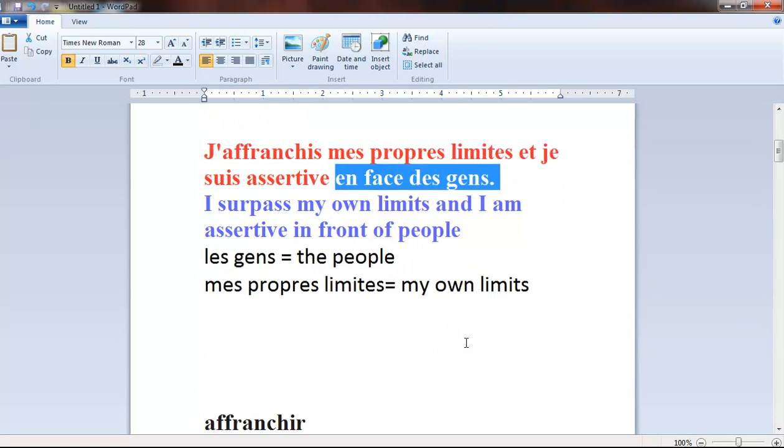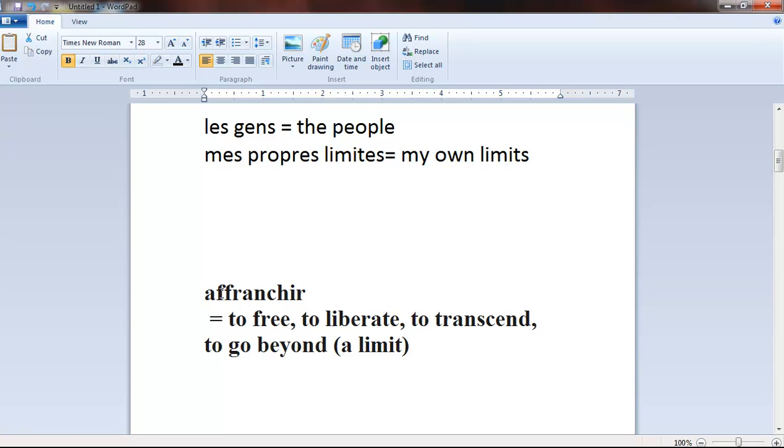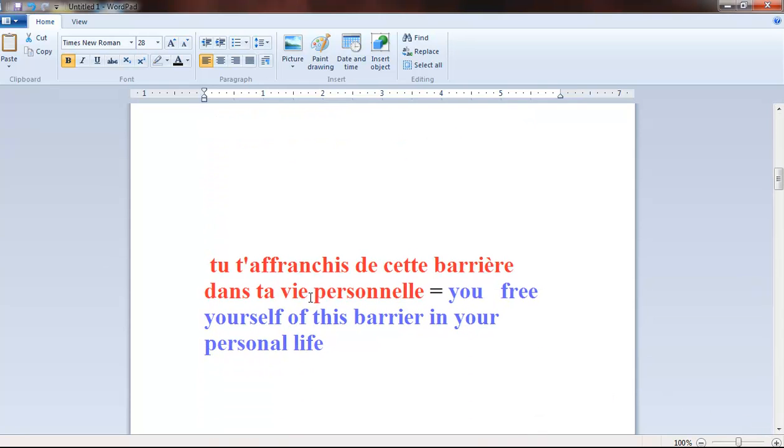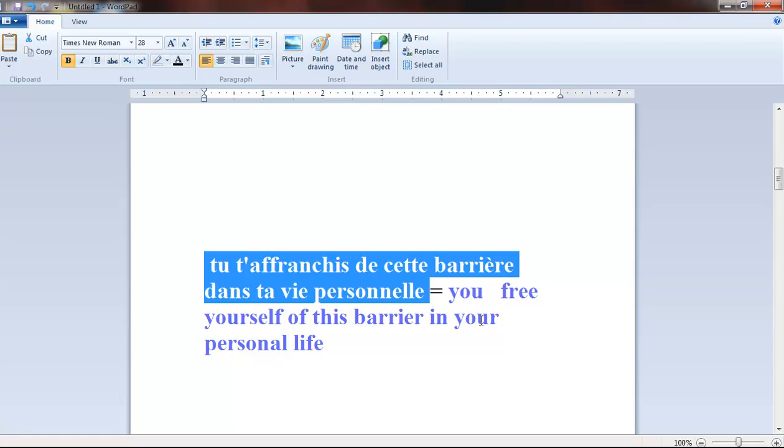Okay, next example. With this verb affranchir, which means to free, to liberate, to transcend, to go beyond a limit. Tu t'affranchis de cette barrière dans ta vie personnelle. You free yourself of this barrier in your personal life.